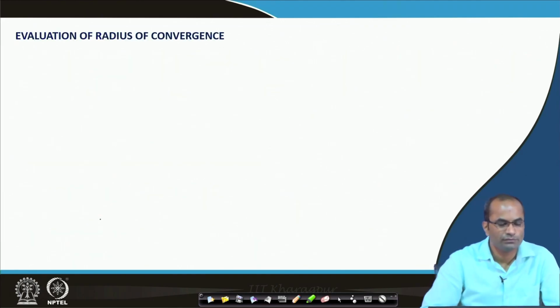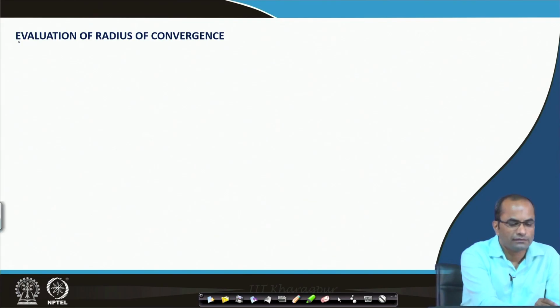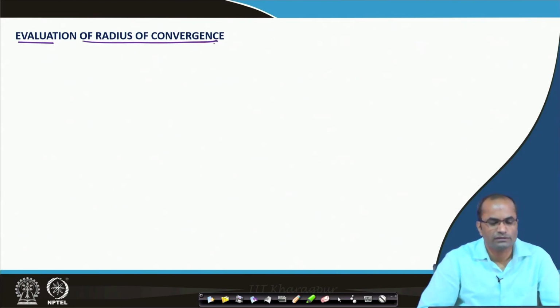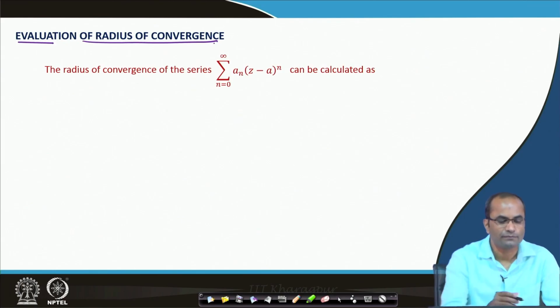So, this was some preparation, and there are developed formulas. We are not going through all these concepts, because finally we will see that in Taylor series we do not need all these calculations of the radius of convergence. There is another way of knowing the region of convergence or the radius of convergence.